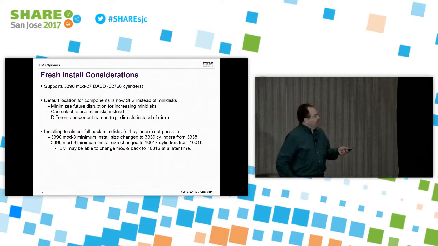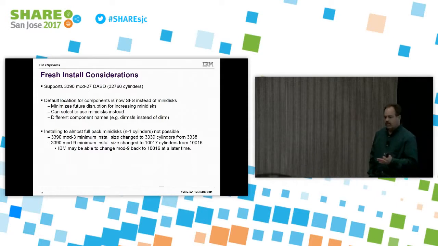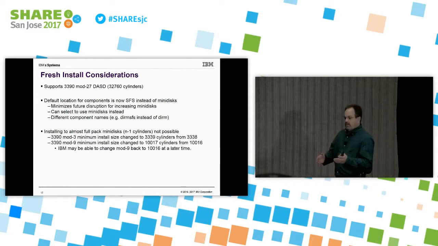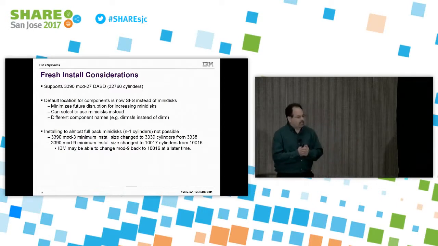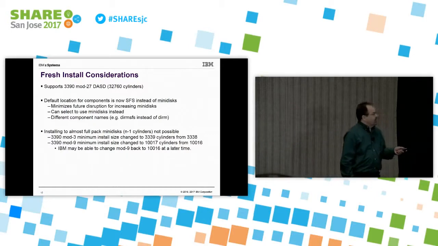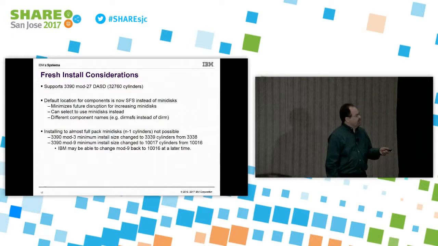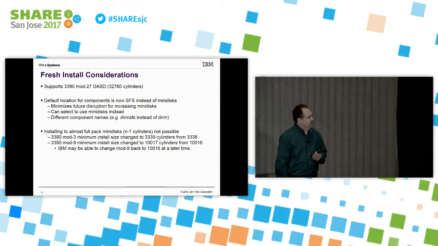If you're installing to full pack minidisks, typically you define the size of that minidisk as N-1 cylinders, so the size of the volume minus 1 cylinder. For 6.4, if you're using mod 3s or mod 9s, actually mod 27s also, you now have to specify the entire size of the minidisk, so no more N-1.